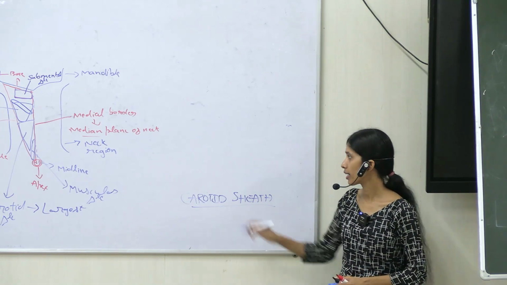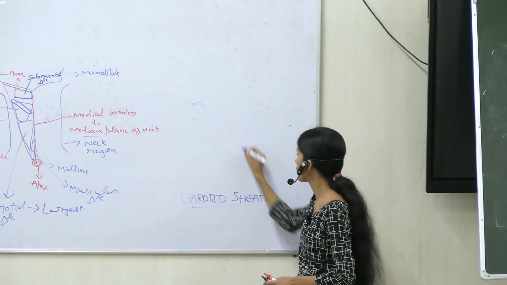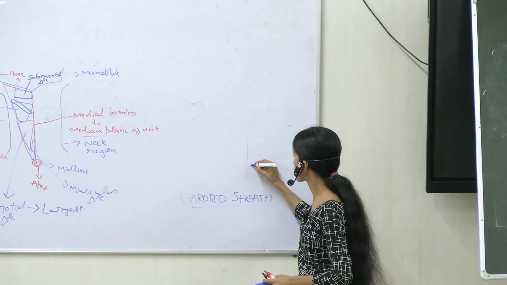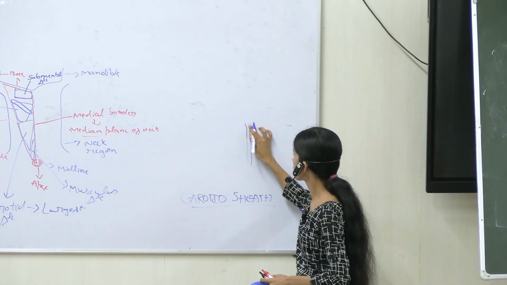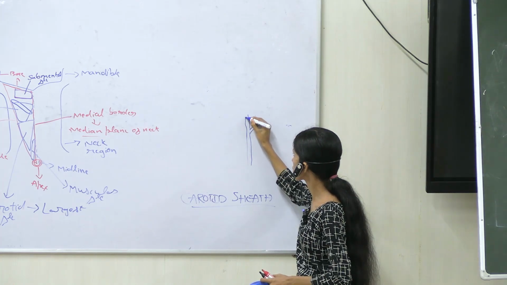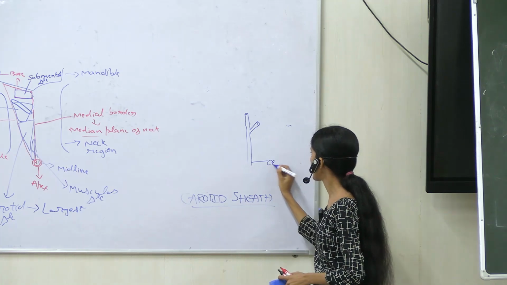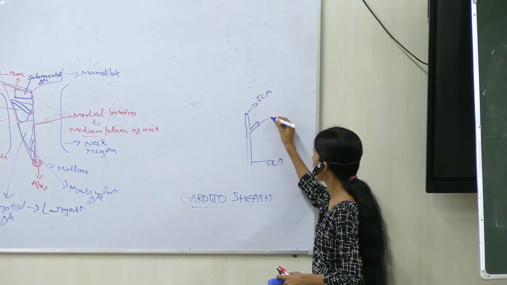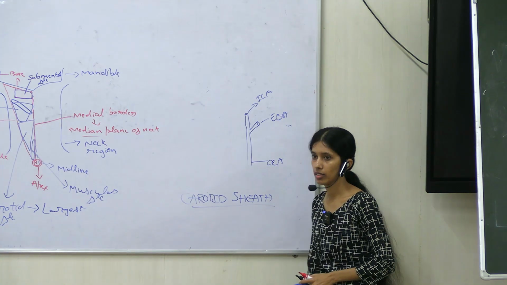Okay. In the neck region, we have one important artery, that is your common carotid artery. This is your common carotid artery. Later it will divide into two branches. This is the internal carotid artery and this is the external carotid artery.